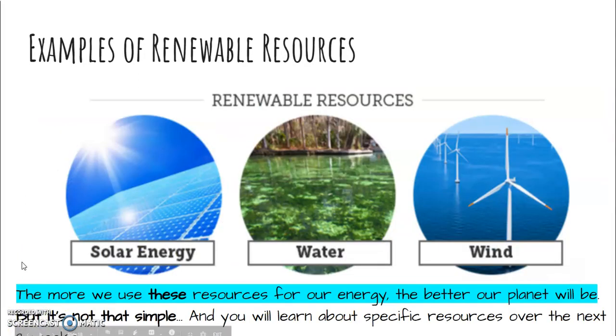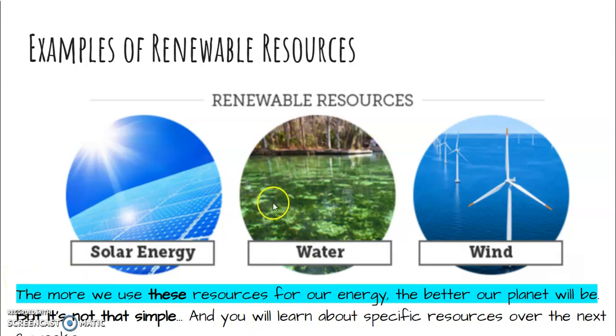So the more we use these resources, the better our planet will be. As we use the renewable resources, we know that they can just keep coming back. So solar energy, think about how much the sun is just beating down on you in the summertime. If we could harness that energy and use that to power our houses, our cars, our manufacturing plants, then it won't run out.